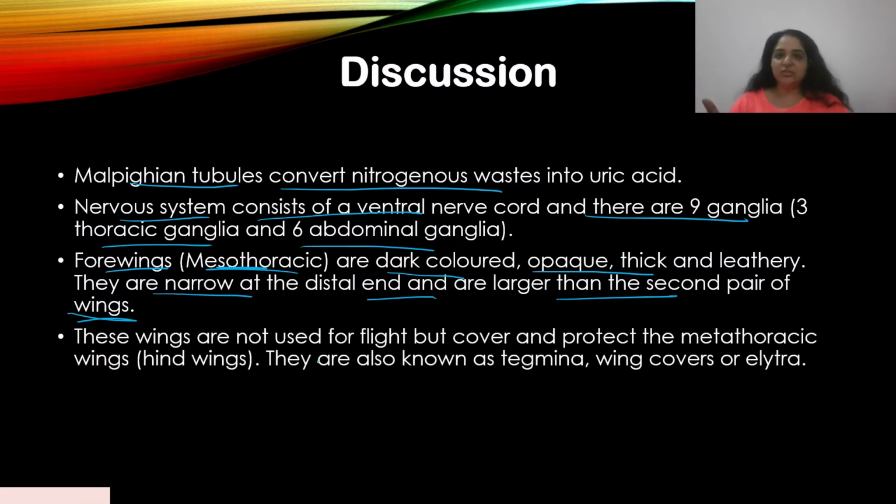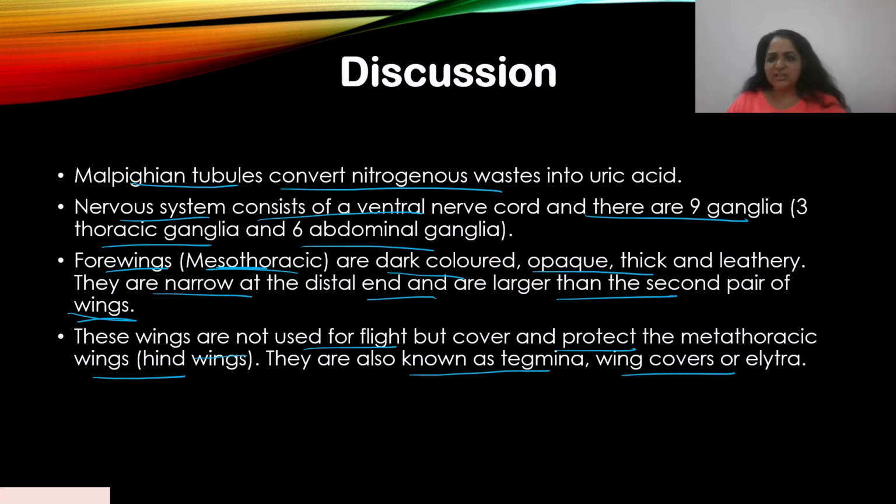It's the hind wings which are used for flight, although cockroaches are not very good flyers. But remember that the forewings are not used for flight. They cover and protect the metathoracic hind wings. The forewings are also known as tegmina, wing covers, or elytra.